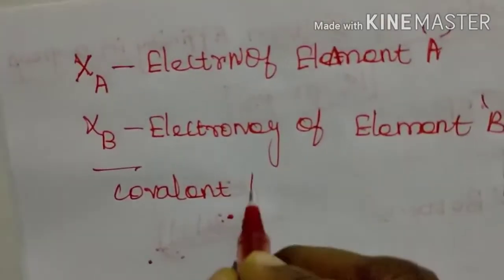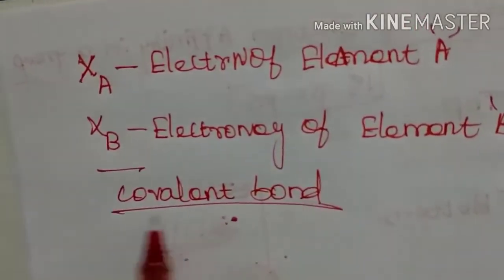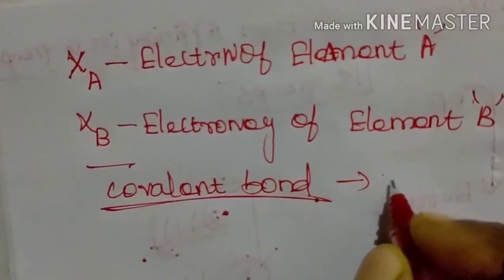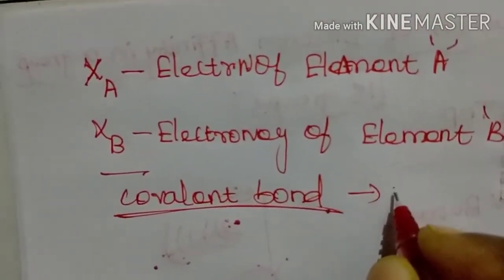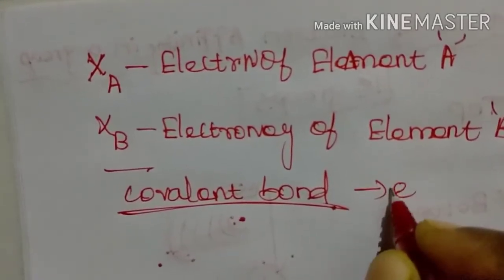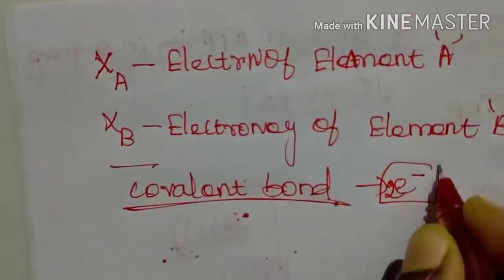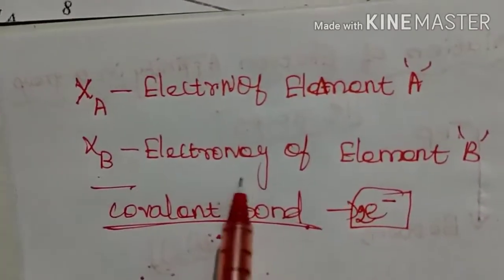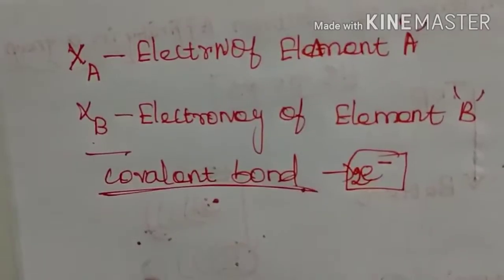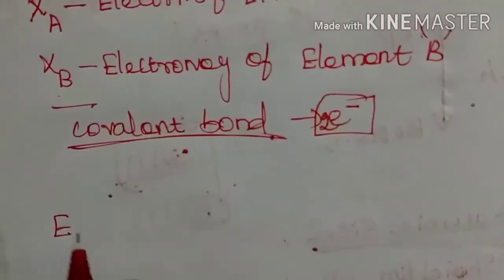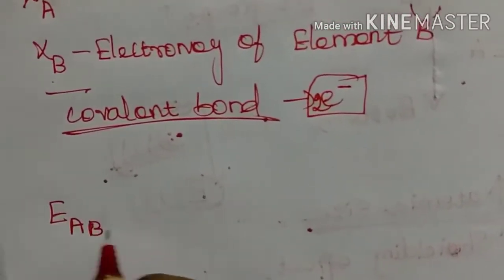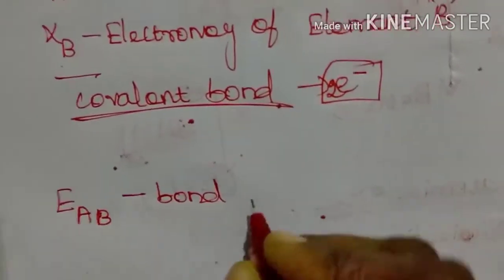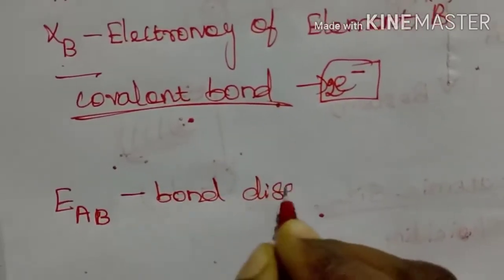We already know that the elements bonded together by a covalent bond have the ability of sharing a pair of electrons, that means 2 electrons. EAB is the bond dissociation energy.